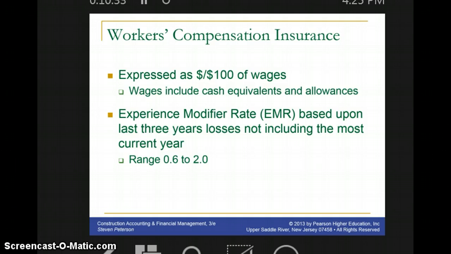So their number of claims on workers' compensation insurance will be a determining factor on how much insurance that employer pays.